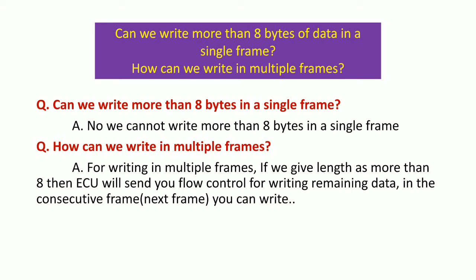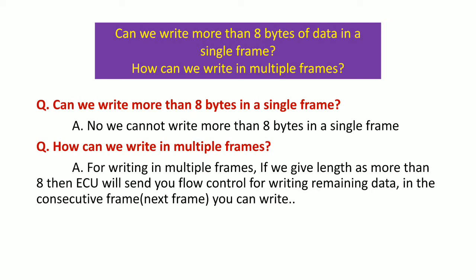Just now I got a comment on flow control also. So what is flow control and what is a consecutive frame? Simply, as of now, understand that flow control is this: if you want to write more than 8 bytes of data, you need one more frame, and for that frame the ECU will send you the flow control. It is not a specific number; the developers can choose any number.